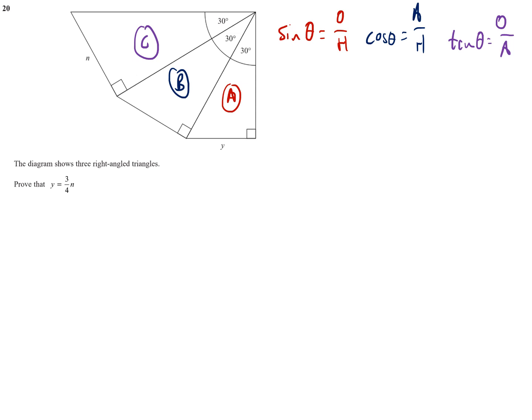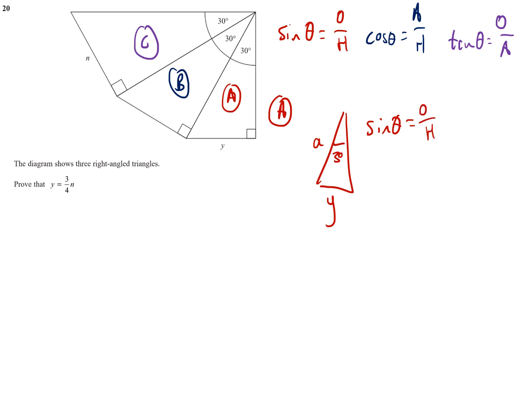So triangle A, we've got the angle of 30 degrees and the opposite side is y. The hypotenuse is what we want because I'm going to use the hypotenuse in triangle B. So I need to find an expression for the hypotenuse, and I'm going to call it A. Right, I've got the opposite and the hypotenuse, so for this one I'm going to use sine theta is the opposite divided by the hypotenuse.